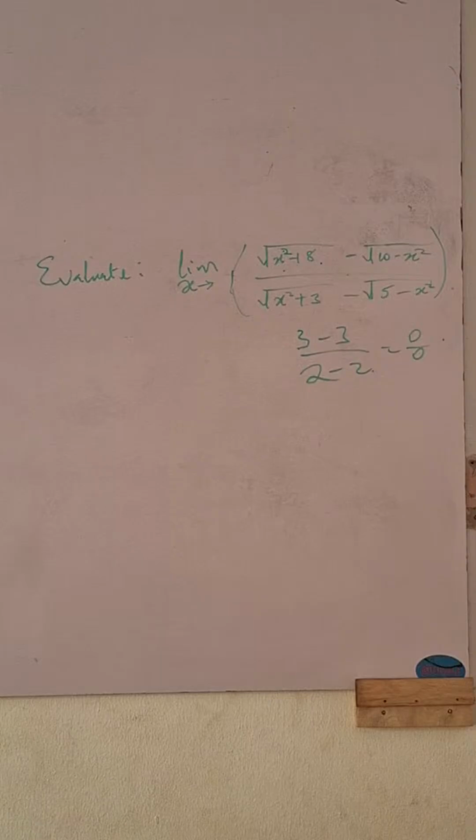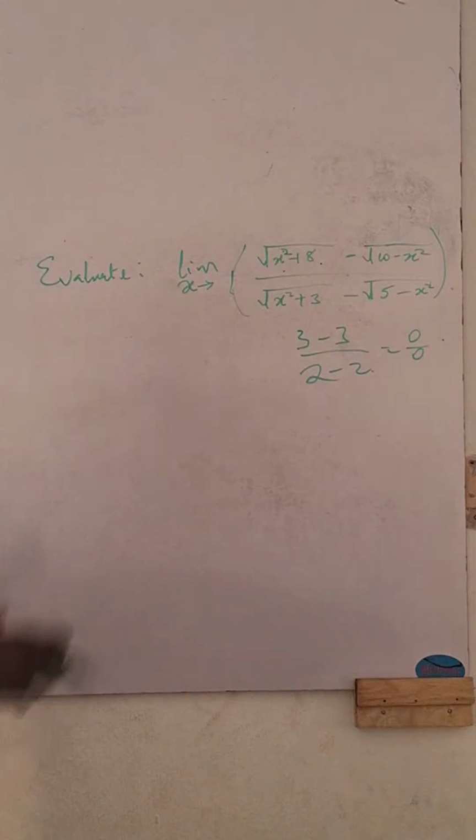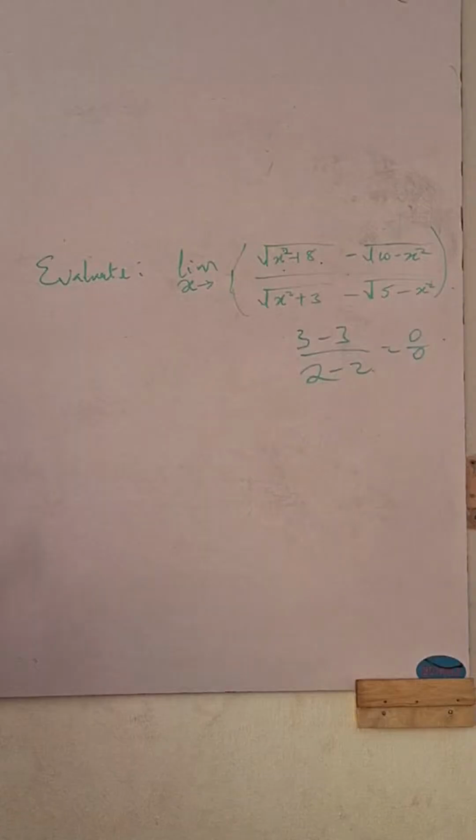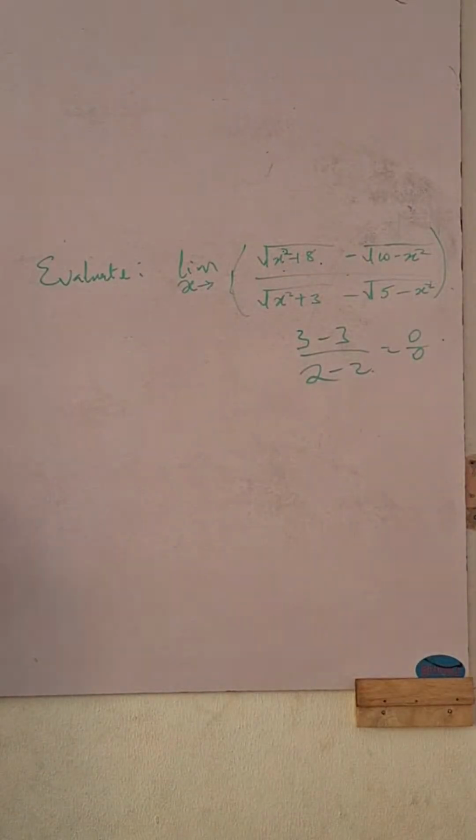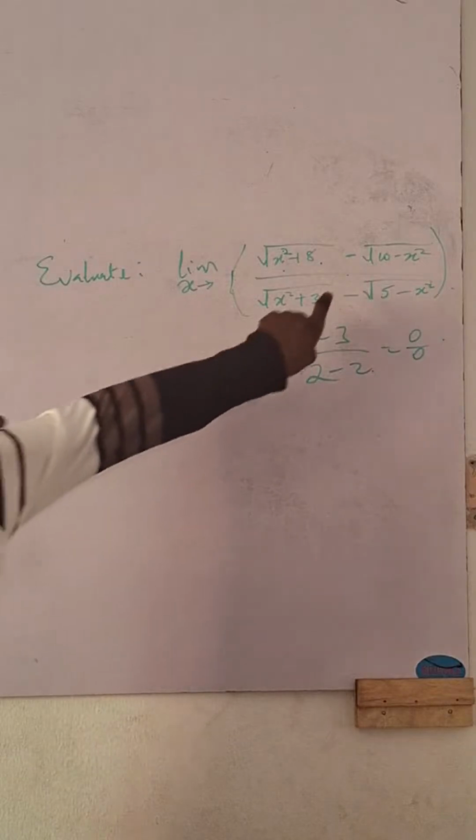So this will be 2x squared minus 2 over, what do we have here? 2x squared, same thing, minus 2. Multiplied by, now the tricky part, we are going to multiply the numerator by the conjugate of the denominator.